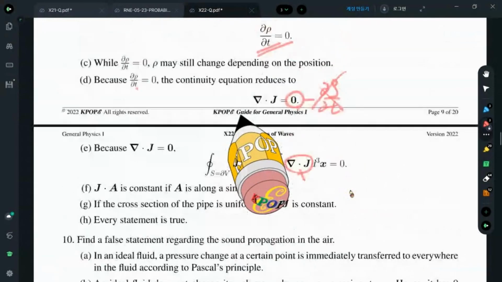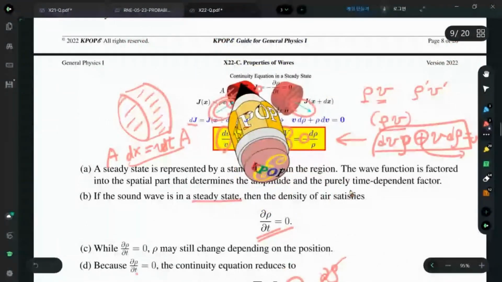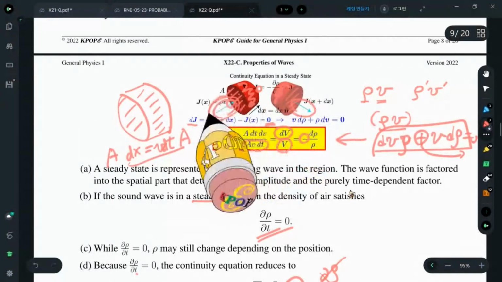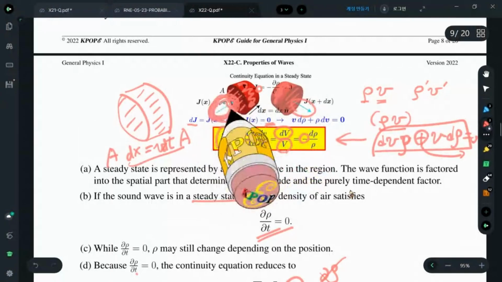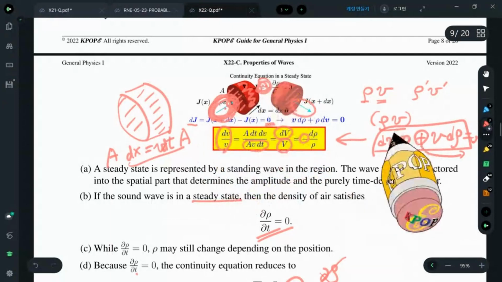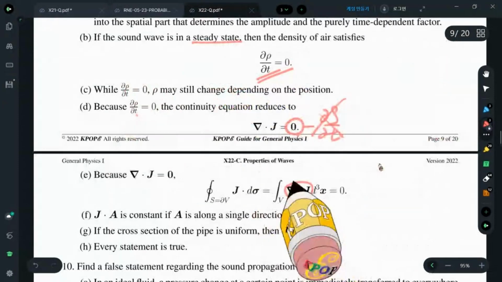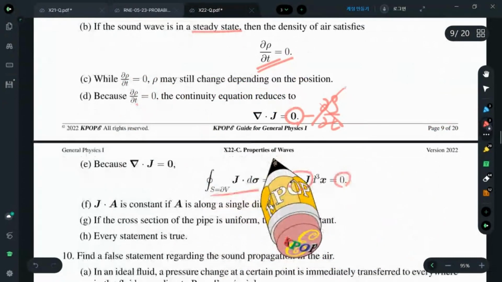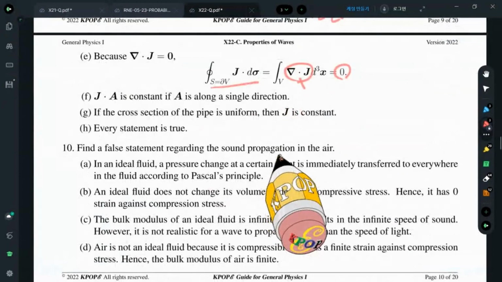This surface integral is 0, and there is no integral on this side. The only allowed values are this side and this side, and the sum of these two must cancel because divergence must vanish. So that is the result of the continuity equation.